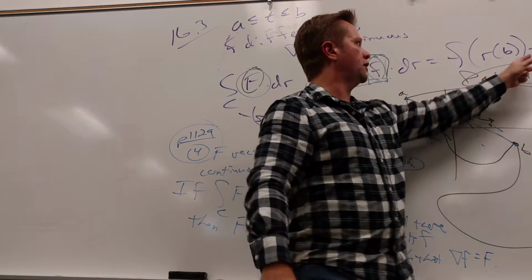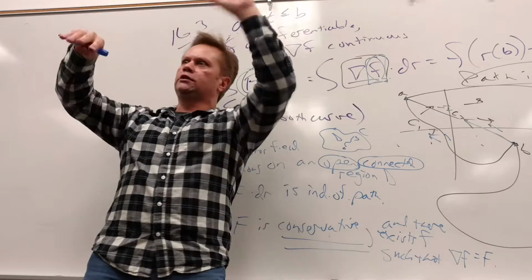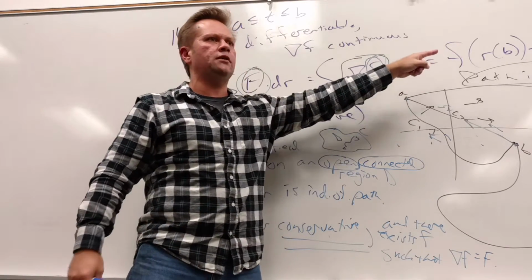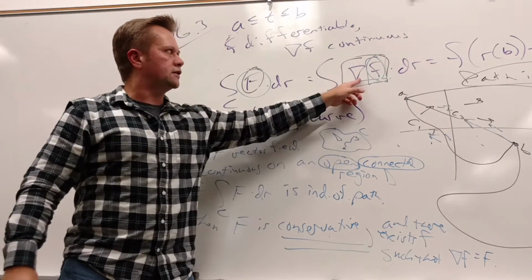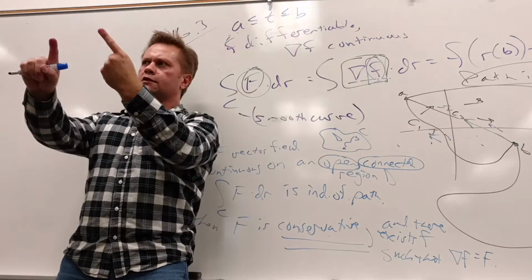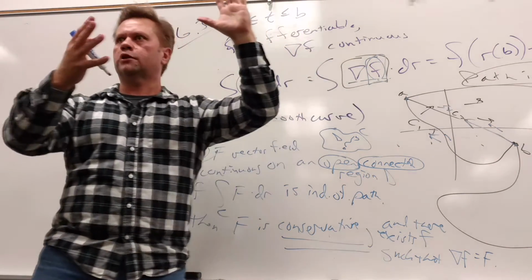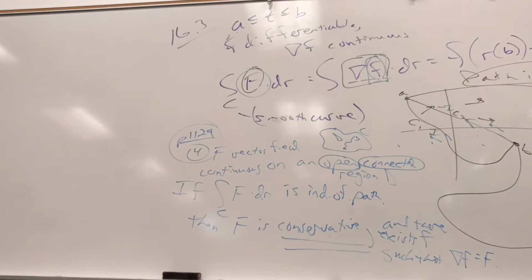And not mess with all this other stuff with t's and dx. I just want to look at the endpoints. I can only do that if it's conservative, if I can find this little f. So how can I tell if it's conservative? And then once I know it's conservative, how do I find the little f? That's what we're going to focus on right now.